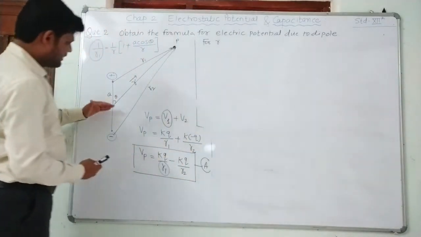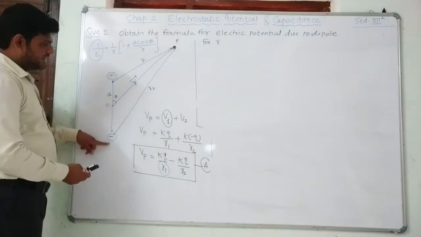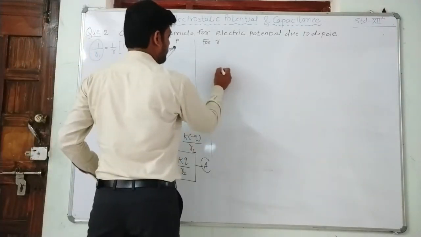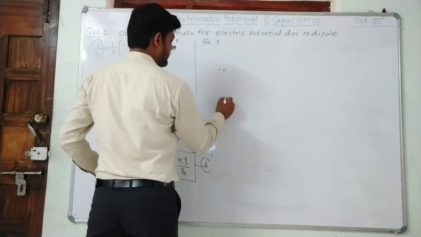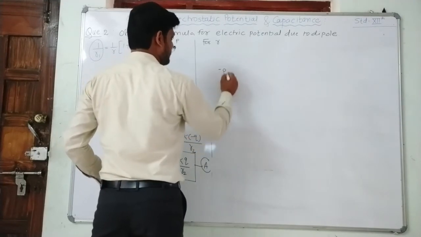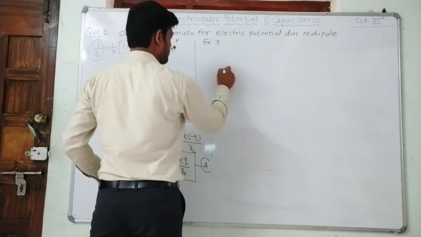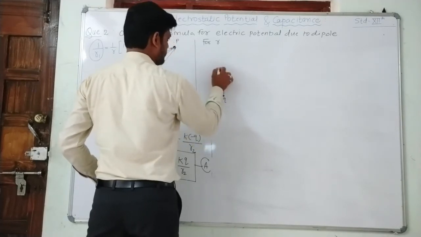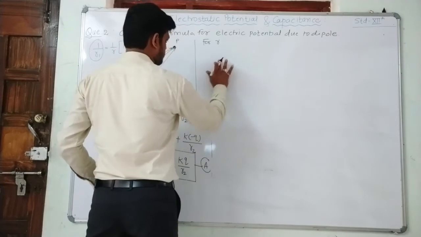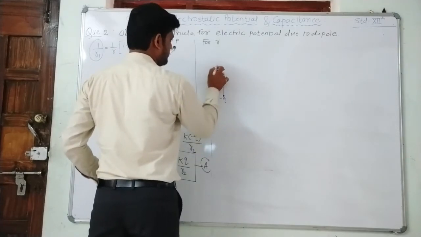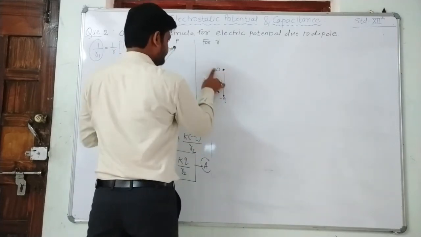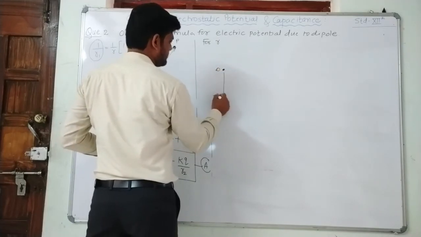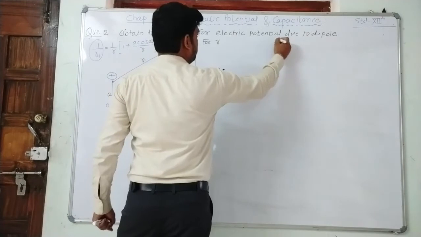See, this part we are going to draw: O, minus Q and P point. This is the O point, the origin of the dipole, the minus Q charge, and here it is the P point.